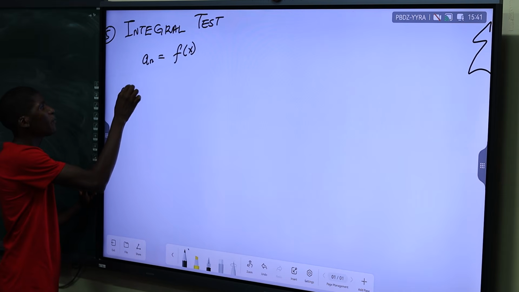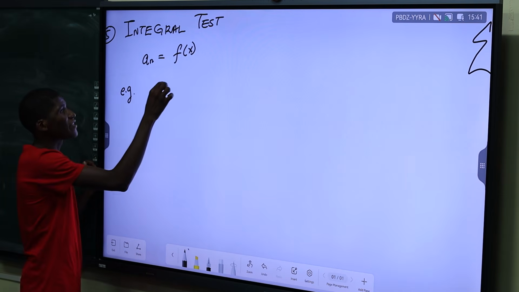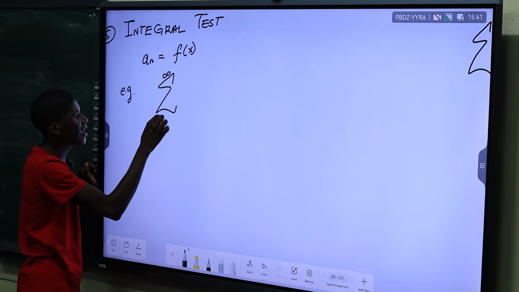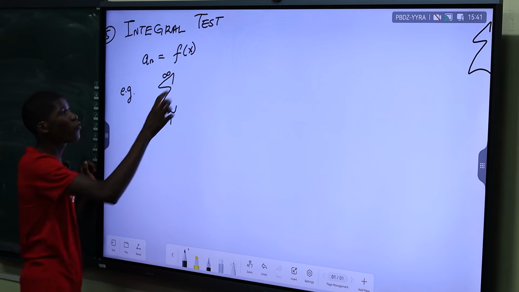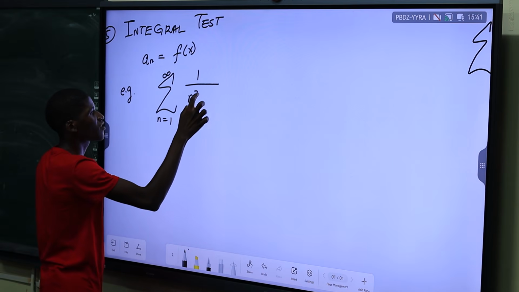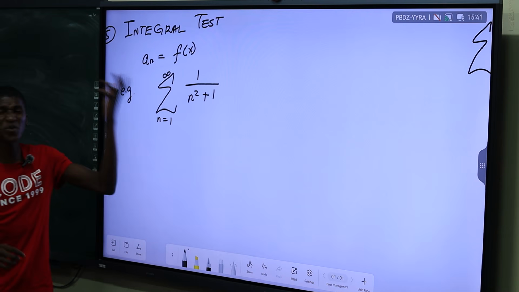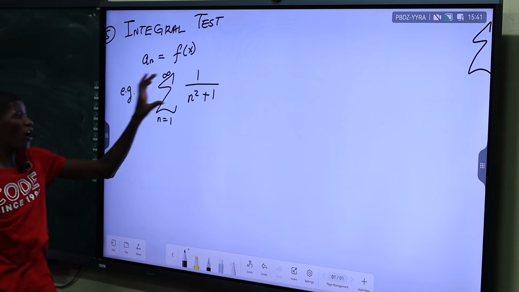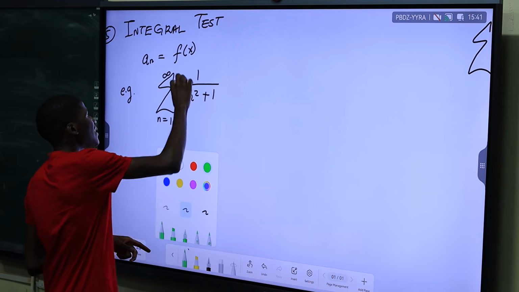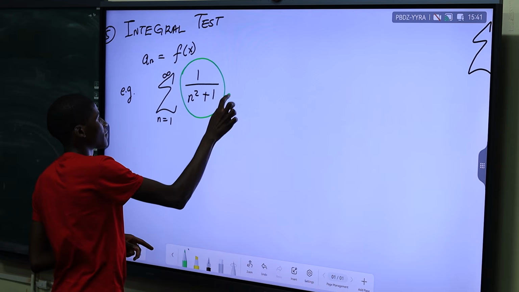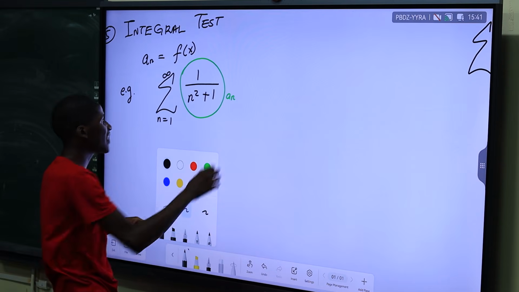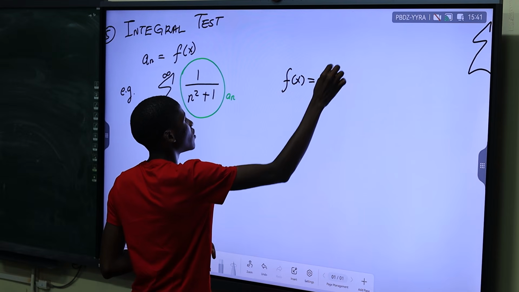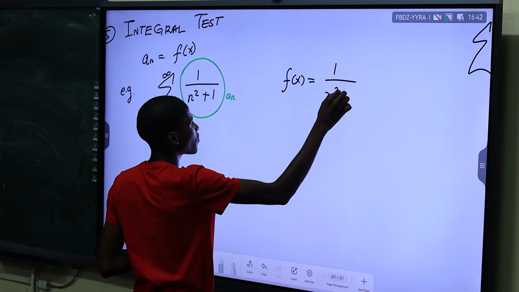So I'll take an example here. If you are given, for example, the sum to infinity from n equals 1 of 1 over n squared plus 1. This one is easy to integrate again. It's an easy to integrate expression. So this aN of ours, we can turn it into a function of x given by f of x is equal to 1 over x squared plus 1.